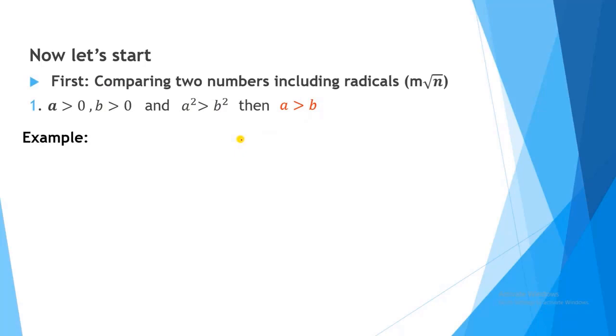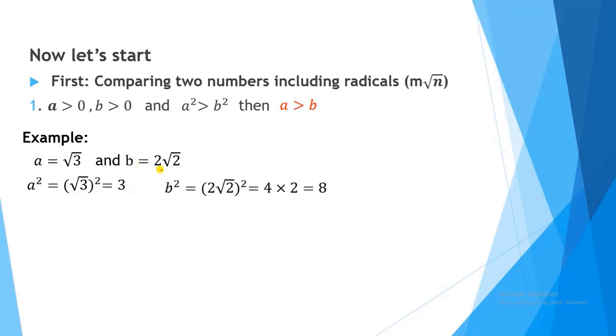Examples. If you have A equal radical 3 and B equal 2 radical 2, these numbers are positive. In order to compare these numbers, first of all we must square the first and square the second. A squared gives radical 3 squared, which is 3. And B squared gives (2 radical 2) squared.